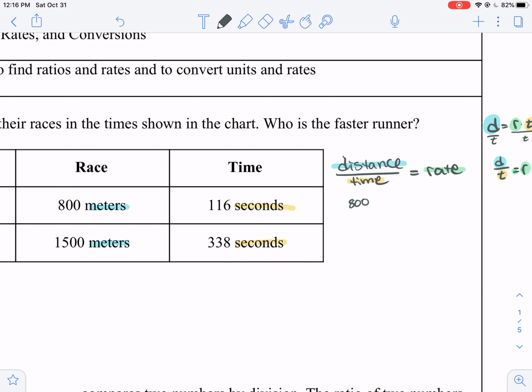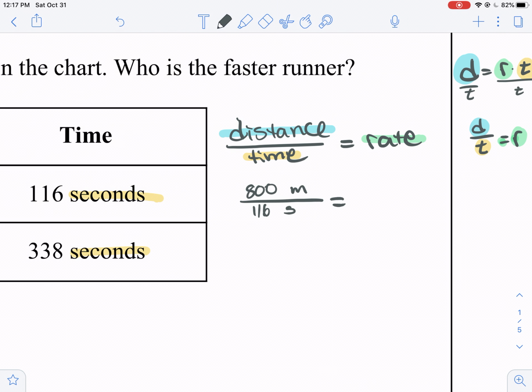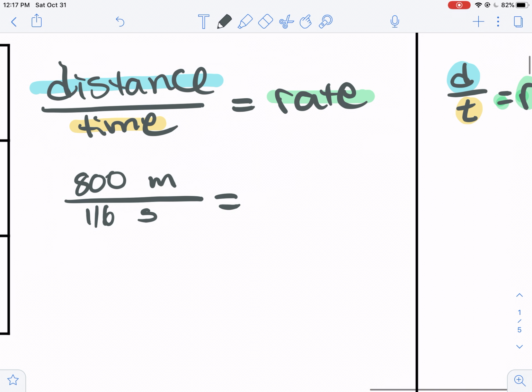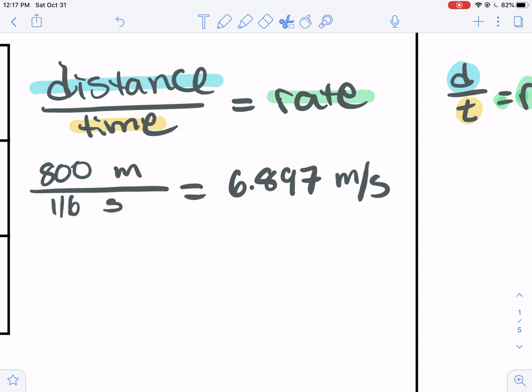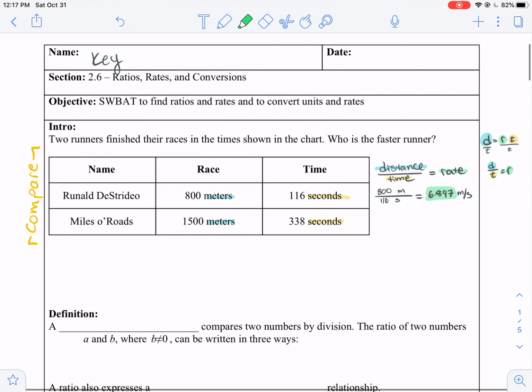Oops, forgot my meters. 800 meters over 116 seconds gives us his rate, his speed, of 100 divided by 116, which is approximately 6.897, and then we have meters per second because we got meters over seconds. So that was Ronald's rate. He can run at basically 6.9 or 7 meters per second.